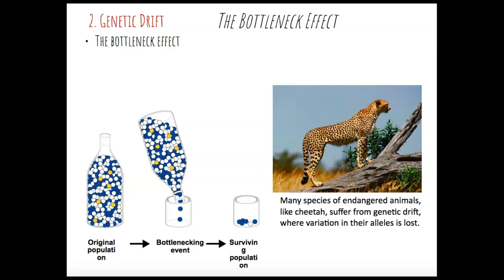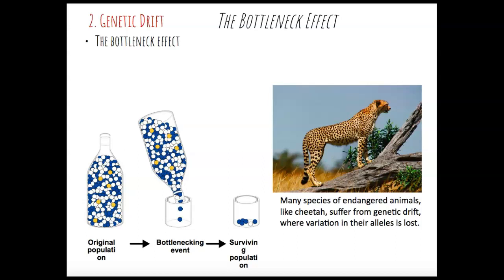Those small number of individuals are not going to maintain and bring with them the genetic diversity that the original population would have had. And therefore, you're creating a new allele frequency and a new genotype frequency in your surviving populations.